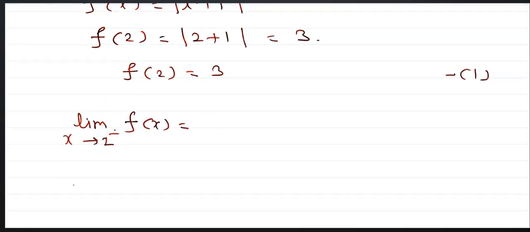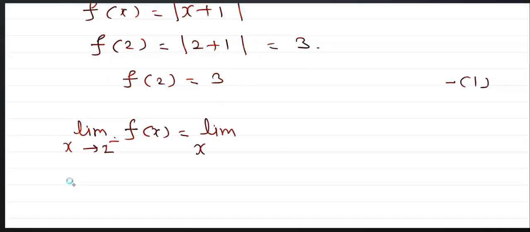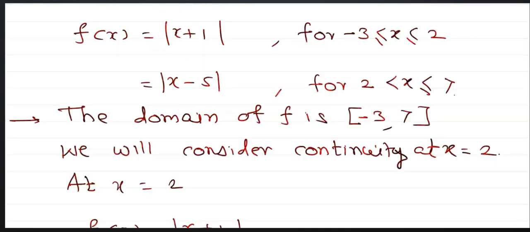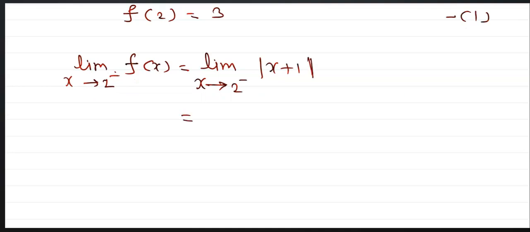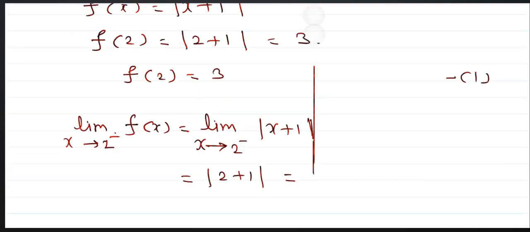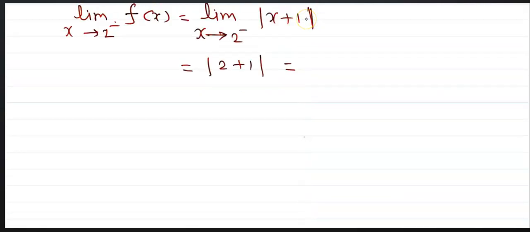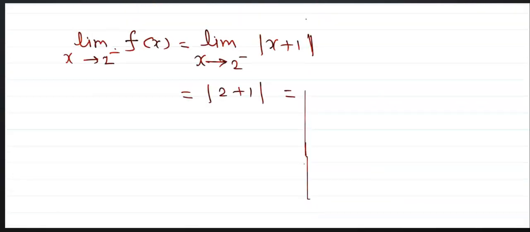Therefore, f of 2 is equal to 3, that is the value of the function. Now the left hand side limit will be mod of x plus 1, that is 2 plus 1, which is also 3. It's a big problem in writing.